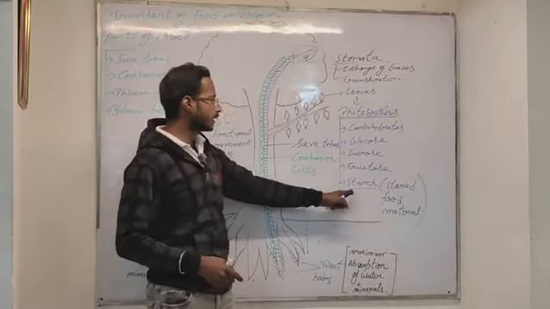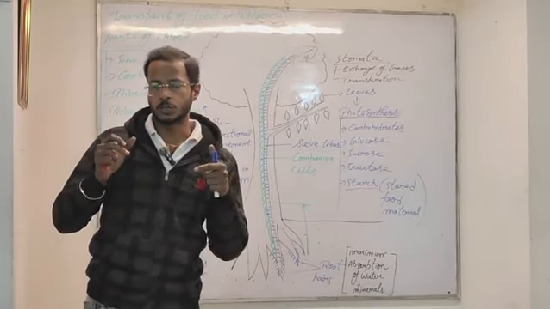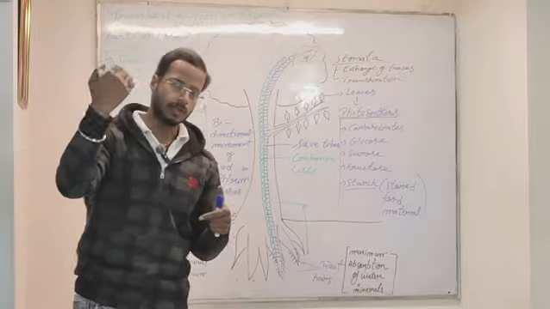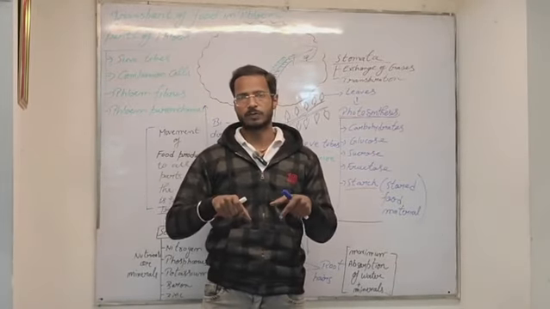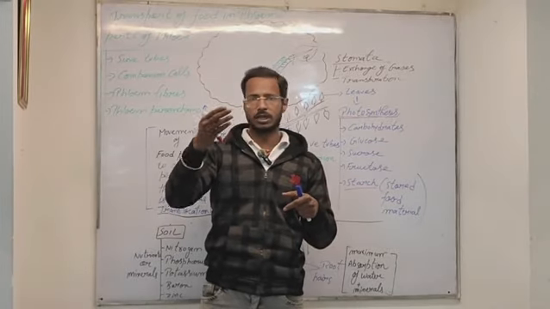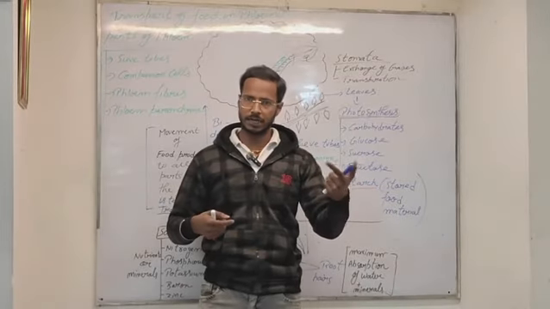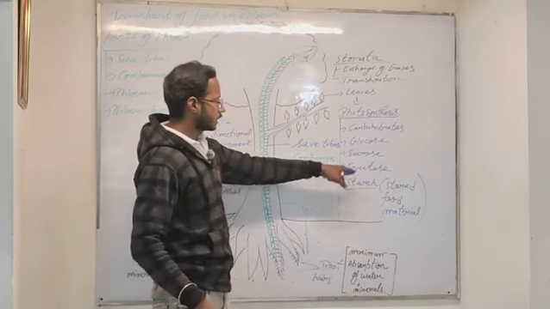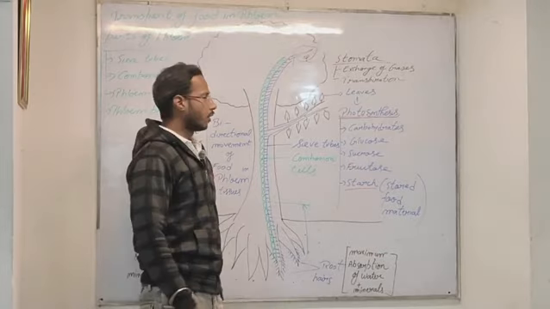Starch is the only food material which plants store as a reserve in their tissues, so that in further time, when there is scarcity of food, they can use it. Suppose there is no sunlight for 2 days or 3 days, they can use the stored food for that time. So starch is the stored food material in plants.